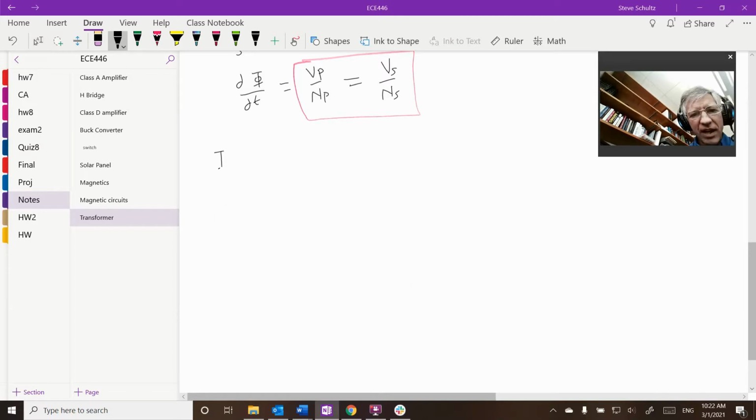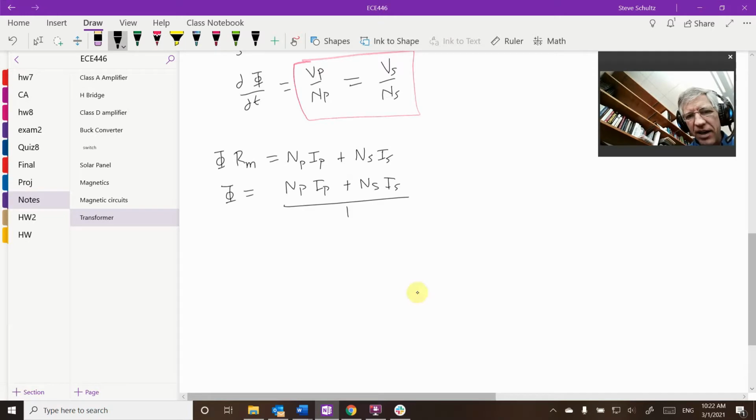So we had flux times my magnetizing reluctance is equal to Np Ip plus Ns Is, and what we're trying to do is find our flux. So the flux is equal to (Np Ip plus Ns Is) divided by my magnetizing reluctance.